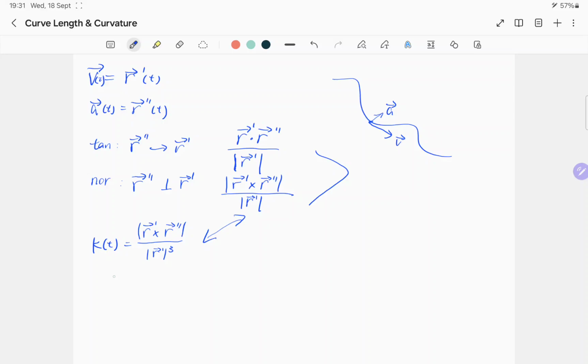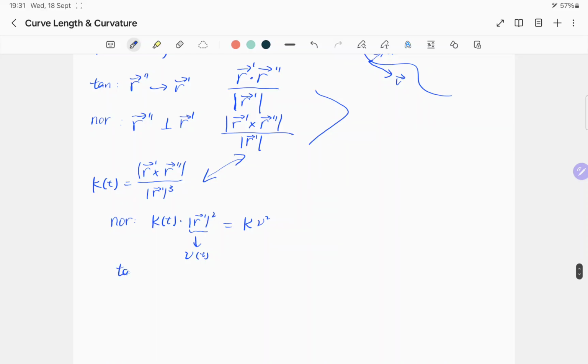So we can see that the normal component is actually equal to kappa times the magnitude of r prime squared. What is this magnitude? This is actually the speed. I use nu to represent that, nu of t. So the normal component is actually equal to kappa times nu squared.